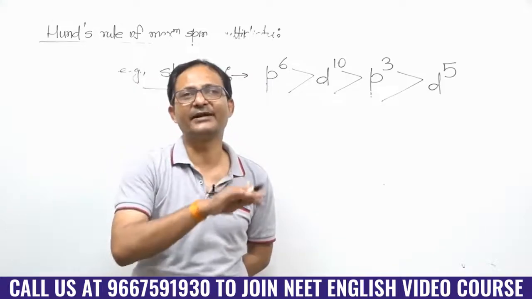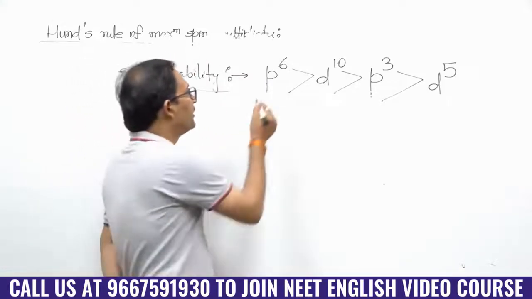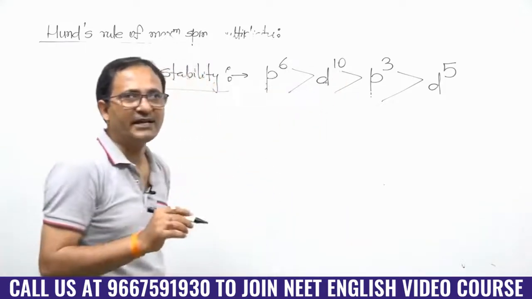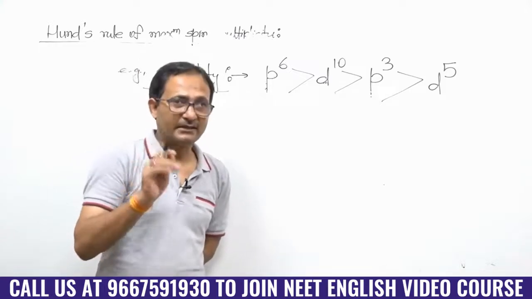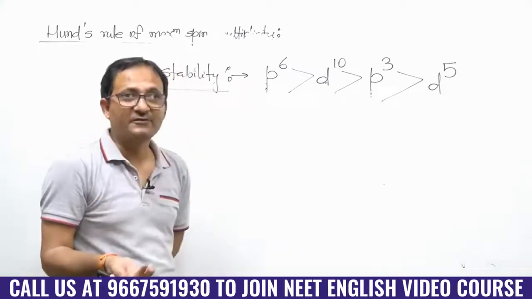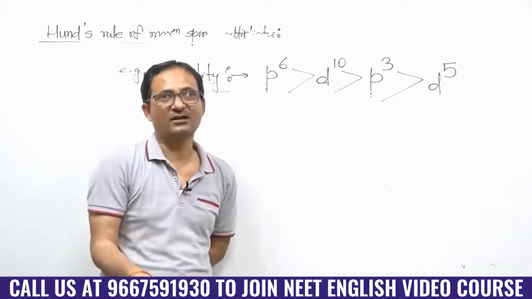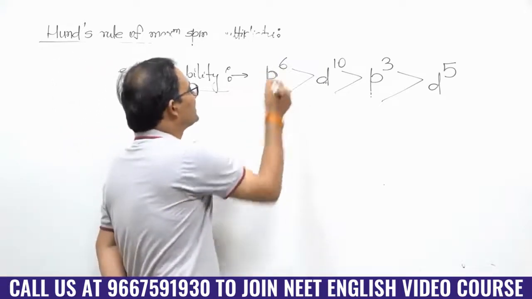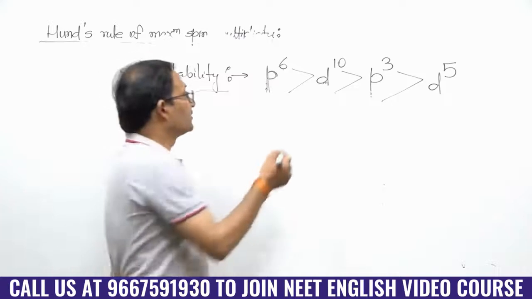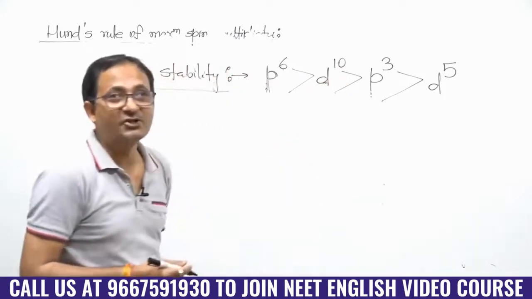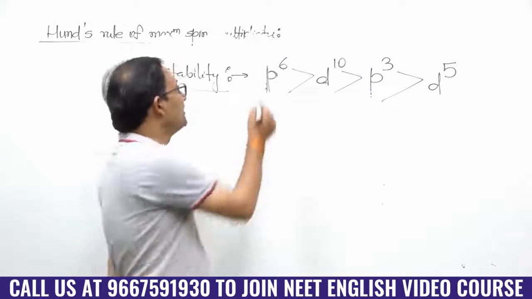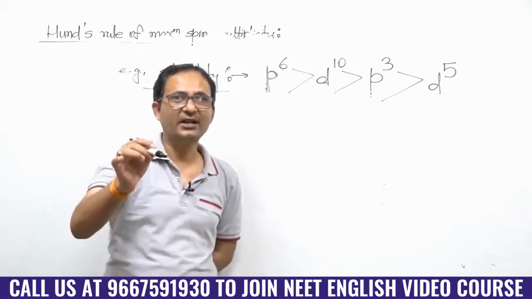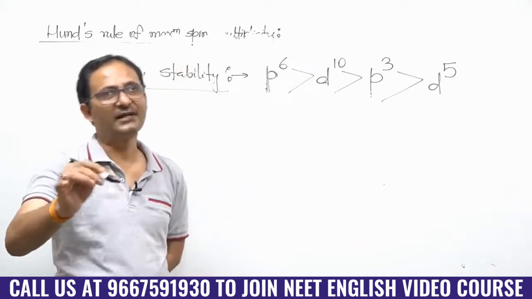Now remember, if there are two different subshells, but their condition is the same, then the position of the subshell dominates over the number of exchanges. Here you will see P6 has 6 exchanges, D10 has 20 exchanges, but yet P6 is more stable than D10 because the P subshell is closer to the nucleus than D.